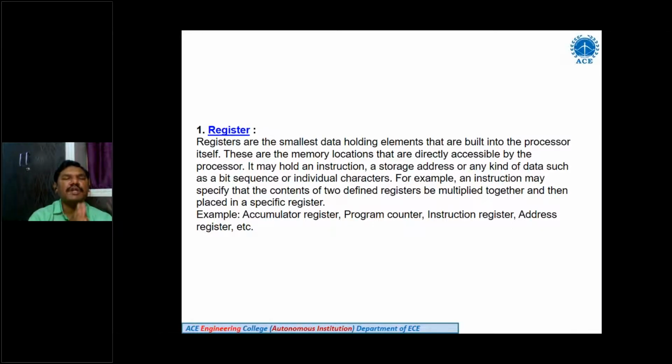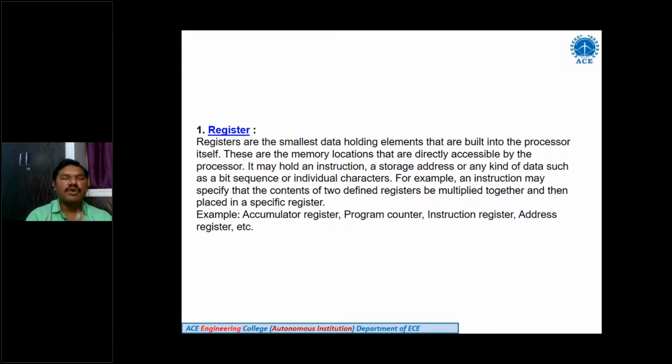Suppose you take the ARM processor, which also has different registers inside the processor. It is 32 bit, so 32 bit registers are there. Today, the maximum register capacity is up to 64 or 128 bits only.